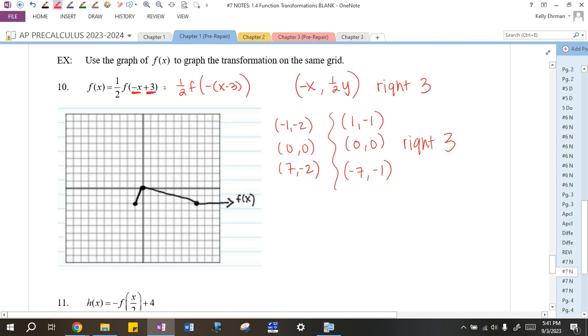So (1, -1), and then go 1, 2, 3 to the right. (0, 0), 3 to the right. (-7, -1), and then 1, 2, 3 to the right. Connect these points with little linear segments. And remember, this should look like a y-axis reflection, so the arrow that was going to the right should now be going to the left.